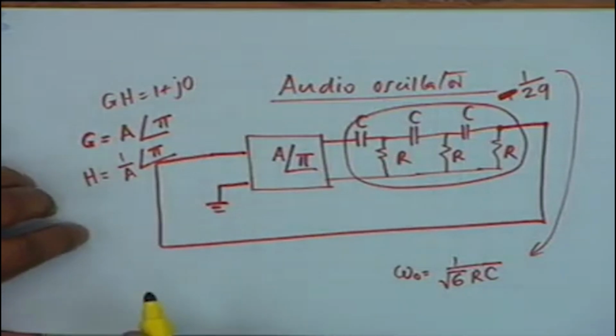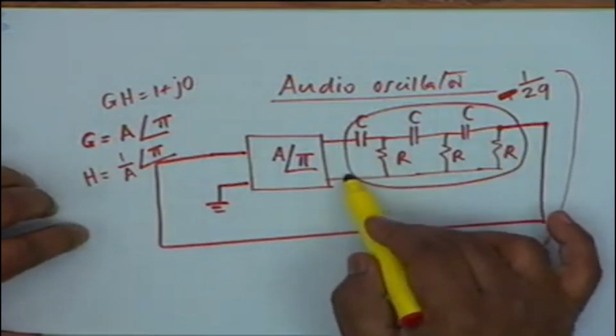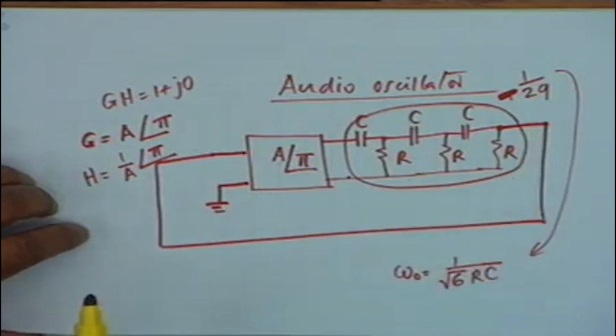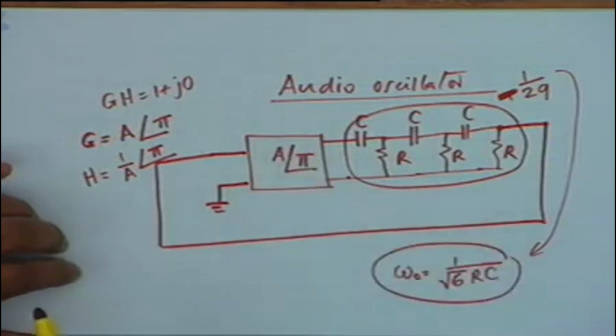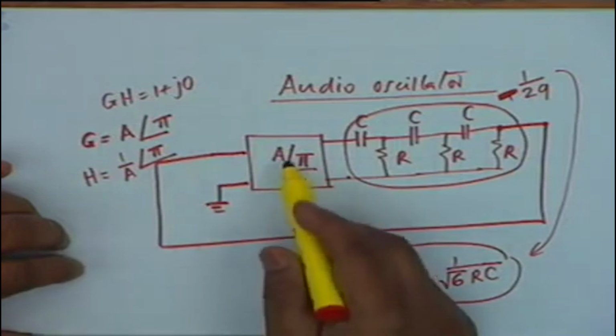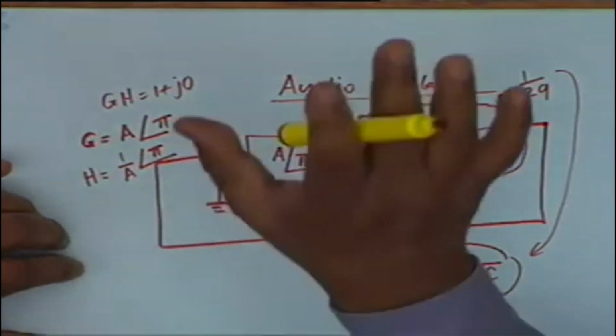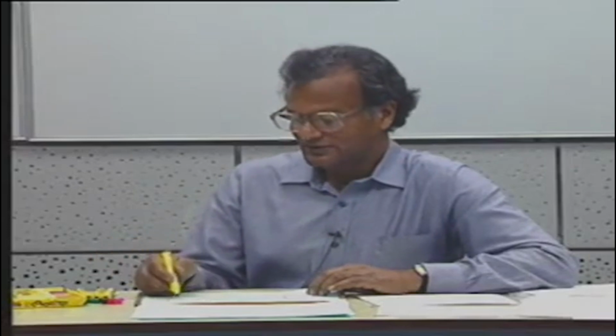It can be shown by circuit analysis that if you put an input voltage here, the output voltage shall be exactly out of phase at this frequency, and the attenuation is 1 by 29. Therefore, can you tell me what gain shall be needed for the amplifier? 29, right? So if you design an amplifier for a gain of 29, a single stage amplifier which gives a 180 degree phase shift, and you connect this, that will be the story.